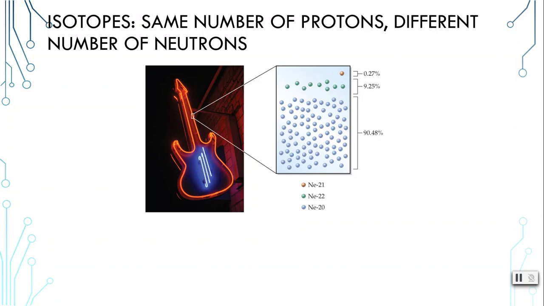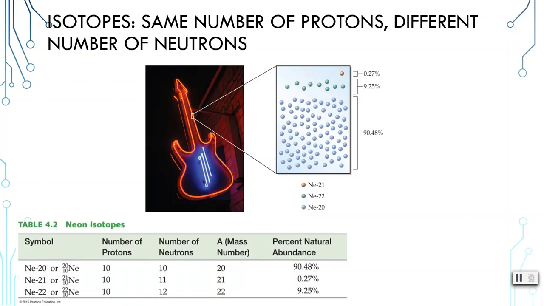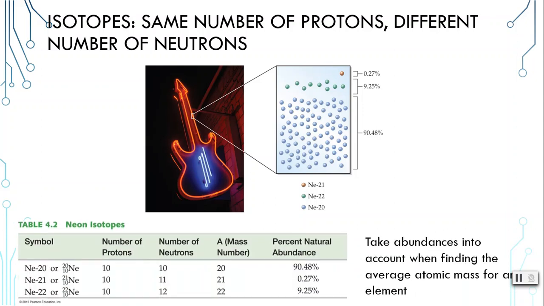So that number, that average atomic mass, comes into play by taking a weighted average of the abundances of the masses and the abundances of the isotopes.